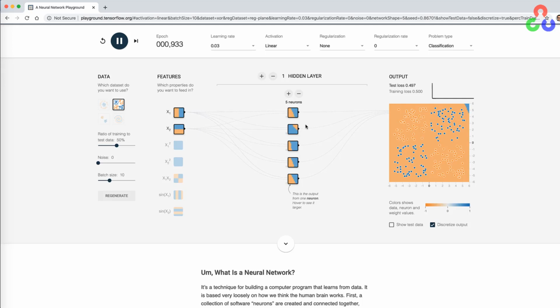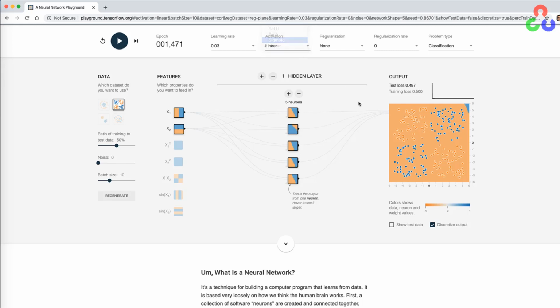So a hidden layer with linear activation does not add any learning capability, because a linear combination and another linear combination add up or multiply together to form another linear combination. So we don't actually get any benefit.